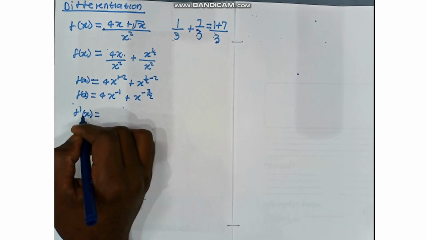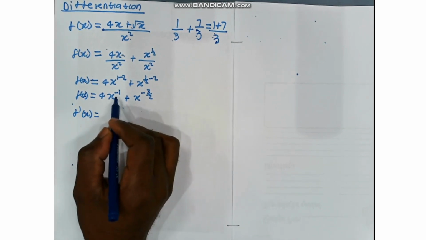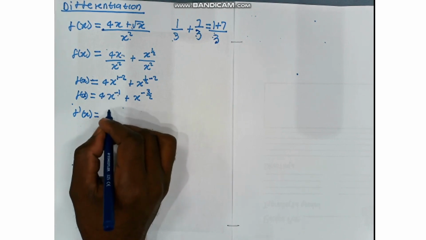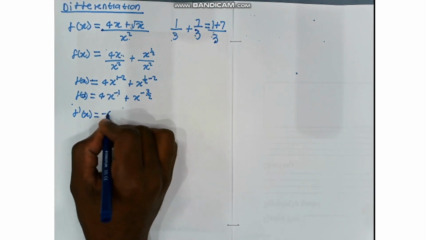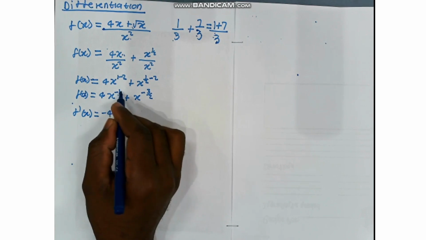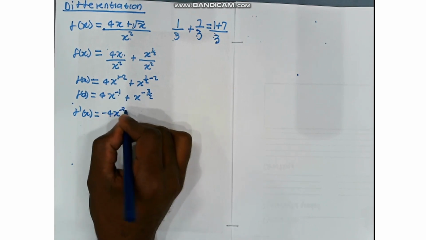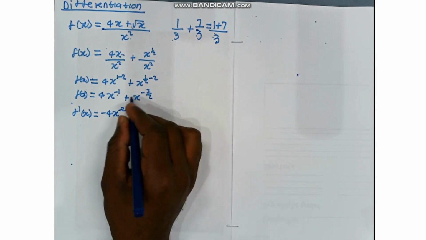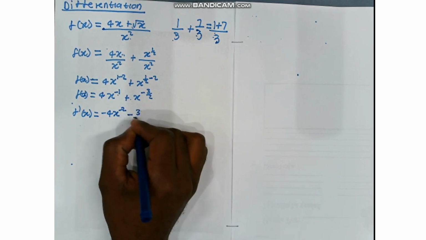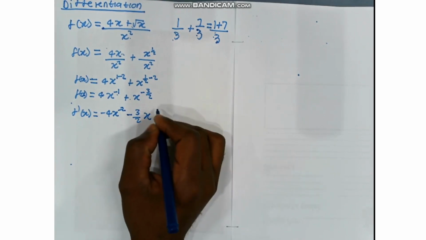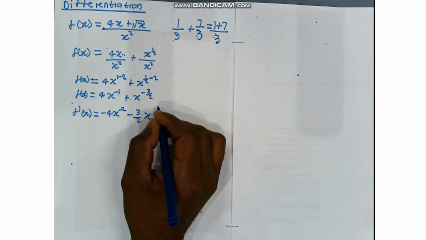F at x is not the same as f prime, so deriving this is just going to be this to this, negative 4 minus 1, minus 1 minus 2, then this times this is negative 3 over 2, negative 3 over 2 minus 1 is negative 5 over 2.